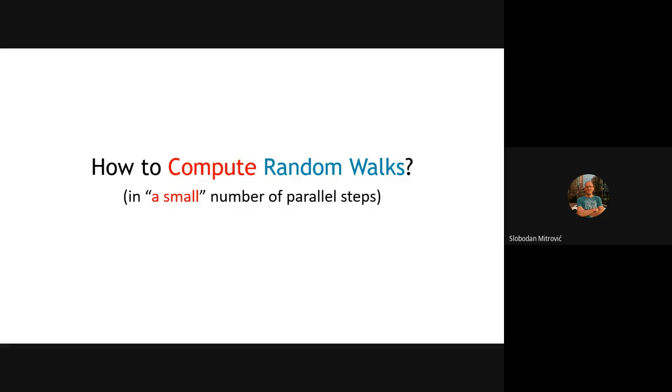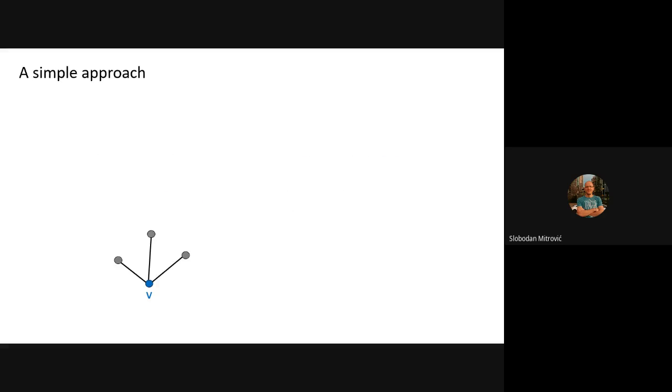And here we will be concerned with parallel models of computation. In addition, we will ask how to compute random walks in a small number of parallel steps. So here is a very simple approach. I just want to emphasize that there is a very simple way to compute random walks, but it's not necessarily efficient. Say you want to compute a random walk of length 3 from vertex v.